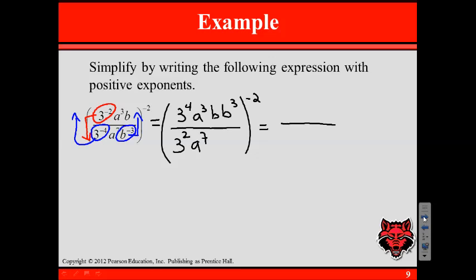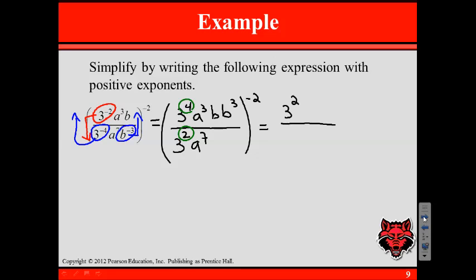As we compare those two exponents, the 4 is greater than the 2, and because the 4 is the exponent in the numerator, our 3's will all move to the numerator. So write 3 in the numerator, we subtract largest exponent minus smallest exponent, and that becomes 3 to the second power. 4 minus 2 is 2.